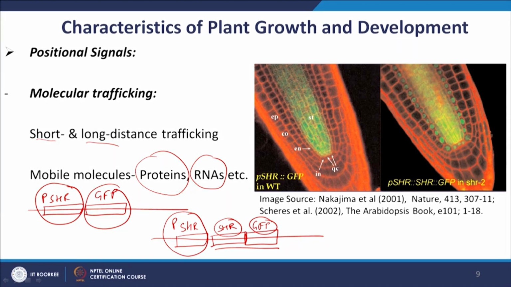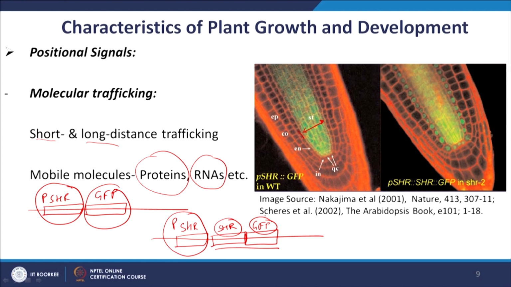This is the root tip. This layer is endodermis and this entire inner region is the vascular tissue, and you can see the signal is only in the vascular tissues, which means that the short root promoter is actively transcribing only in the vascular tissues; proteins are being made only in the vascular tissue.